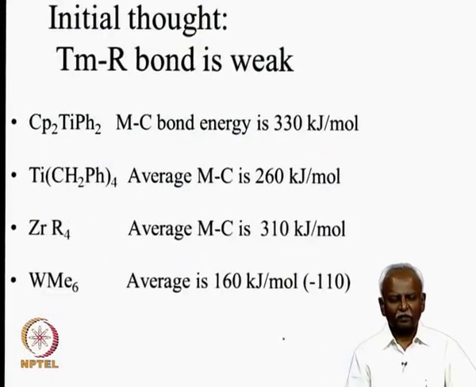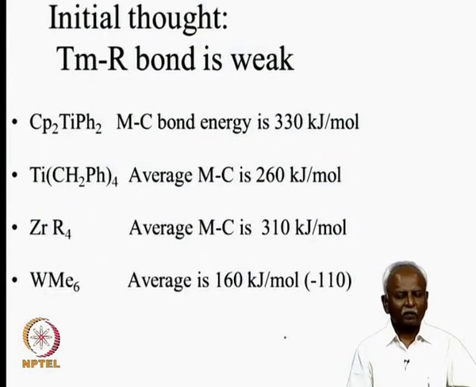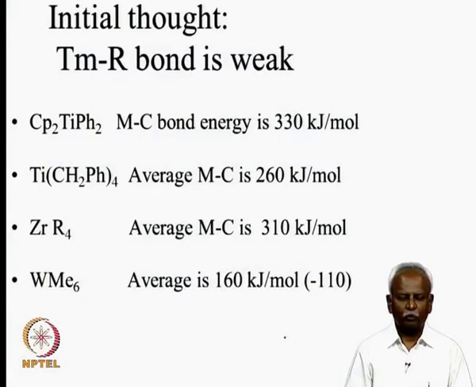So, this needs a little bit of thought, because the initial understanding was that maybe the titanium transition metal alkyl bonds are weak, and it was only after the thermochemistry was carried out, it was realized that the metal carbon bond is not weak at all. In fact, it is quite stable.